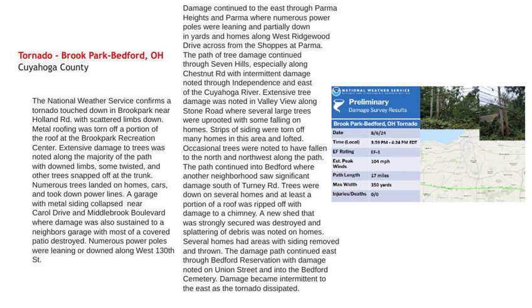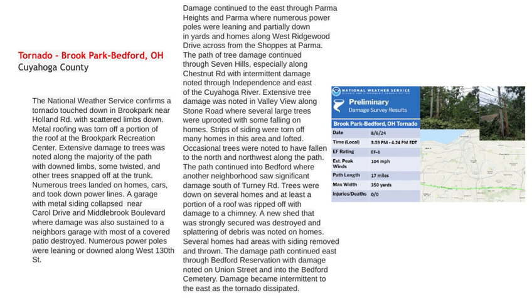A garage with metal siding collapsed near Snow Drive and Meadowbrook Boulevard, where damage was also sustained to a nearby garage, with most of the covered porch destroyed. Numerous power poles were leaning or down along West 130th Street.